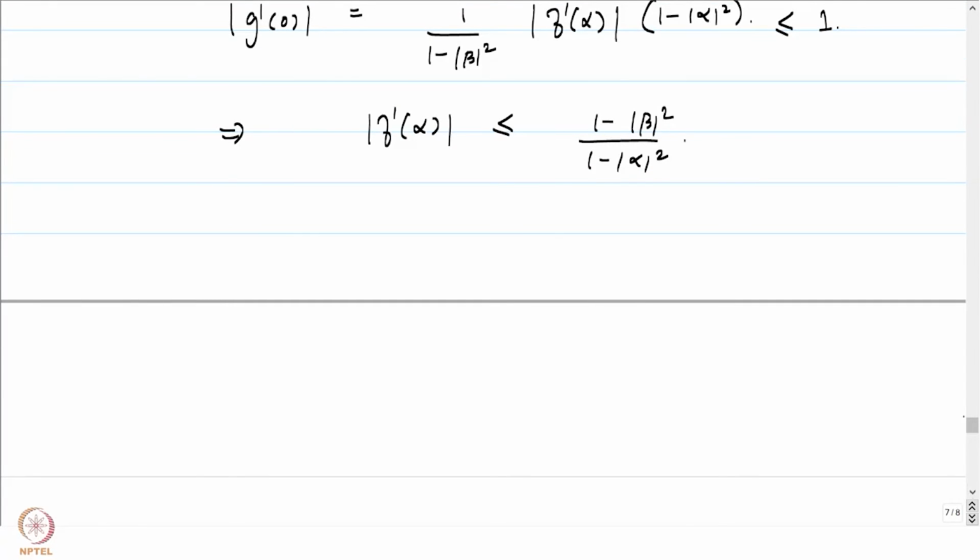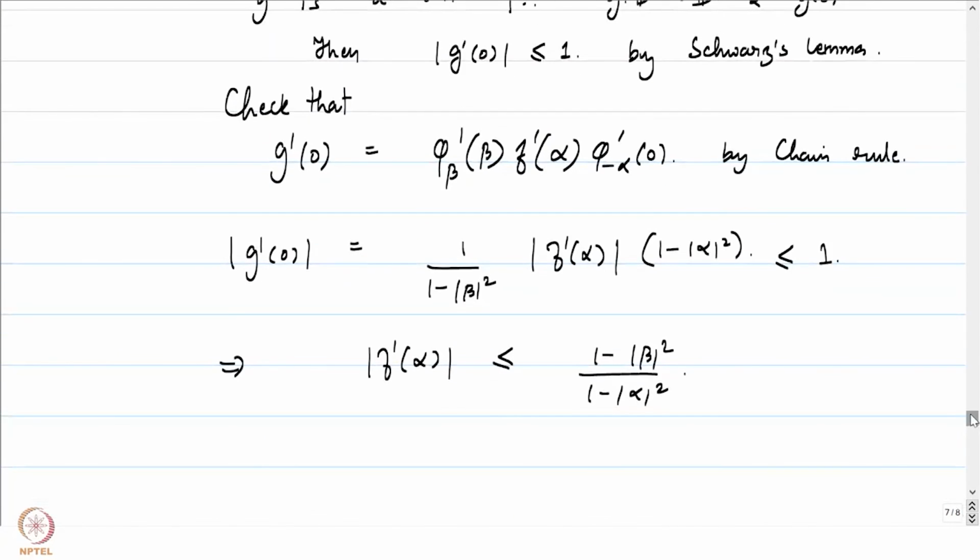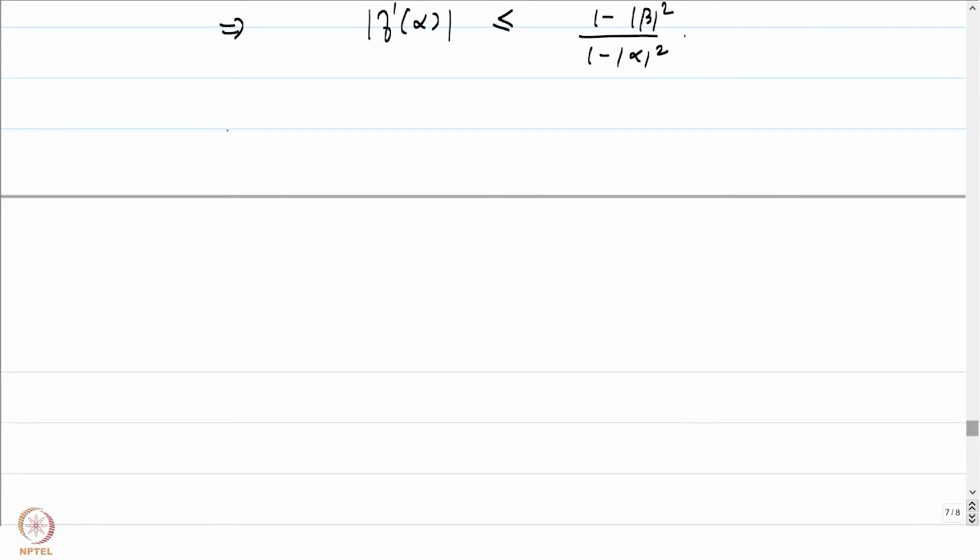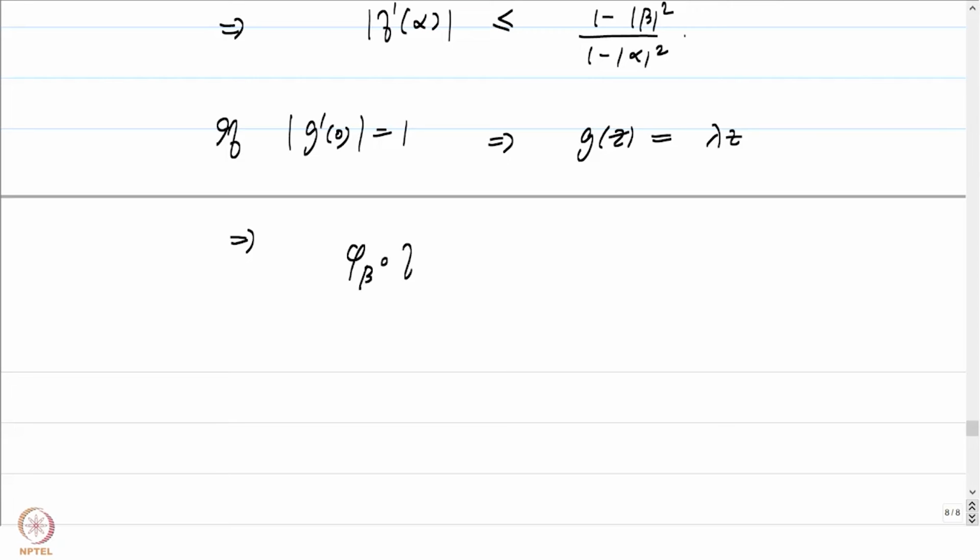And let's see what happens if this equality is attained. As a digression, if g prime of 0 has absolute value equal to 1, this would tell us that g of z is equal to some lambda times z for lambda on the unit circle. That means that phi beta composed with f composed with phi minus alpha of z is going to be equal to lambda times z.